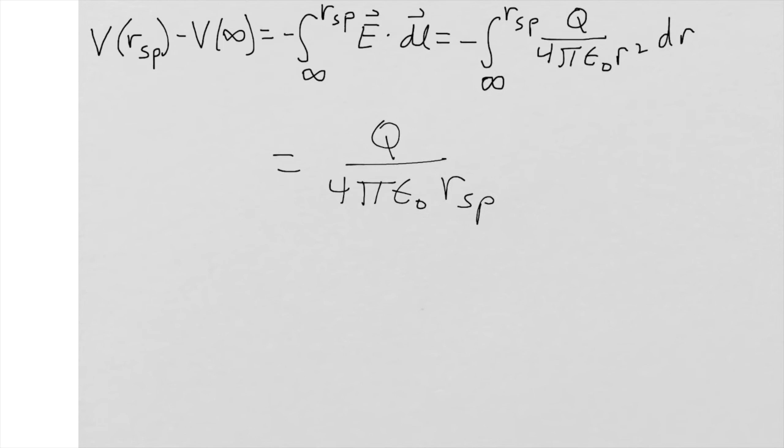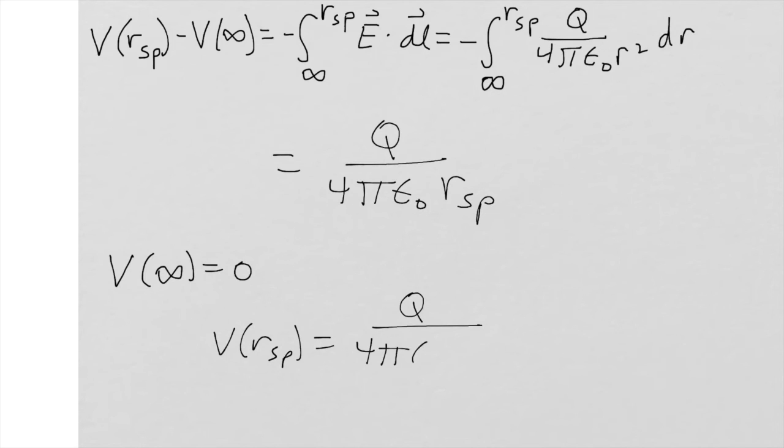So selecting as a reference that the potential at infinity is 0, the voltage on the surface of the sphere is equal to Q over 4 pi epsilon sub 0 times the radius of the sphere. Now if we put in the maximum charge that we can obtain on the sphere before breakdown occurs, we can compute the maximum voltage we can obtain on our Van de Graaff generator.